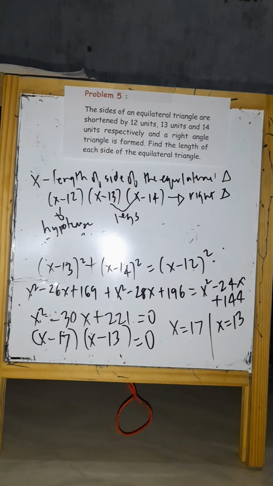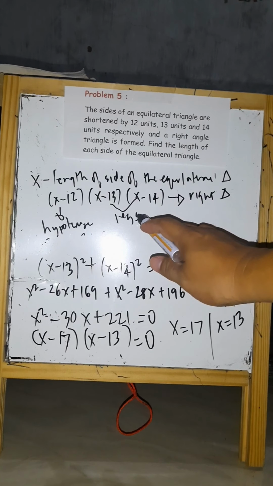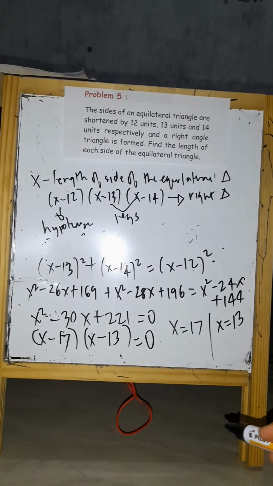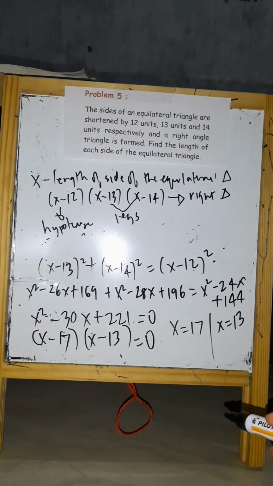Okay. So which is the final answer for the side of the equilateral triangle, 17 or 13? Of course, if we get 13, then we substitute 13 minus 14, and it will become negative, and there is no negative length for any triangle.